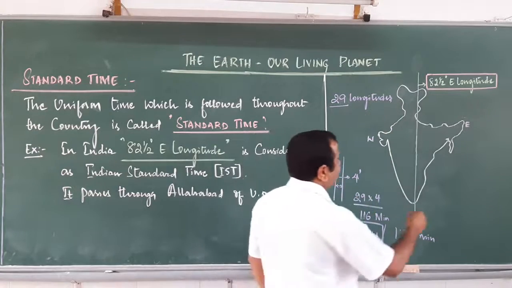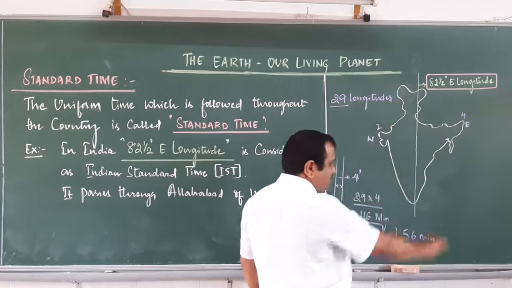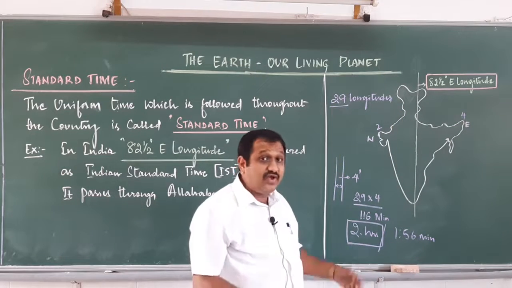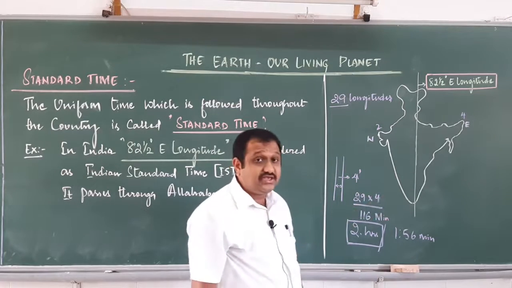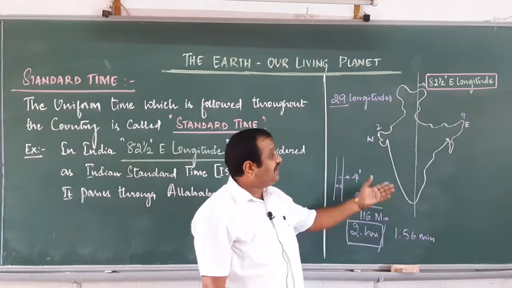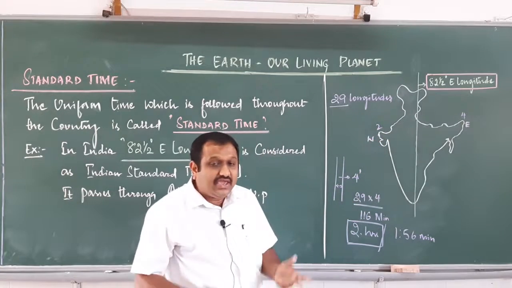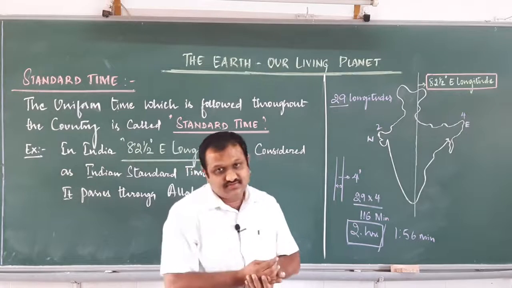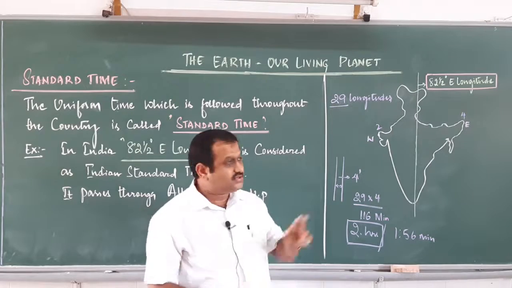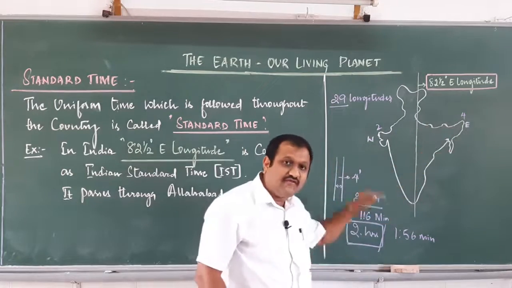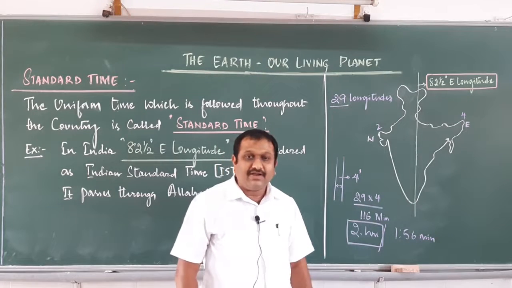Or else if it is 4 o'clock here, it is 2 o'clock there. Like that it varies. There is a time gap of 2 hours from west end to the east end. But being in one geographical area, being in one country, we cannot follow 2 different times. It is difficult for air travel, for railway convenience, or for any working pattern.